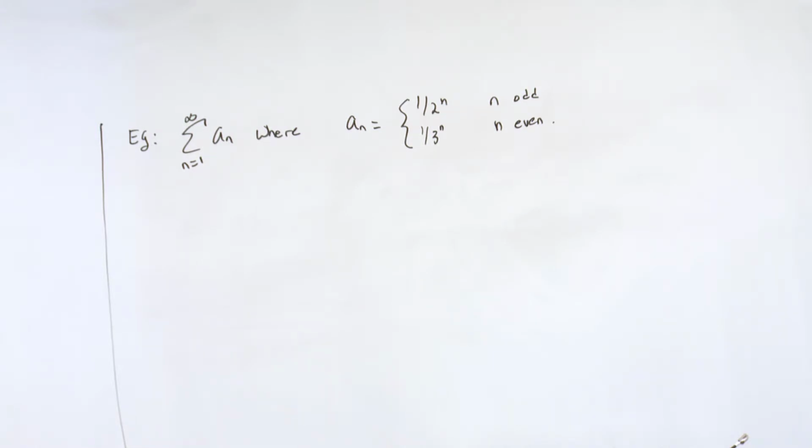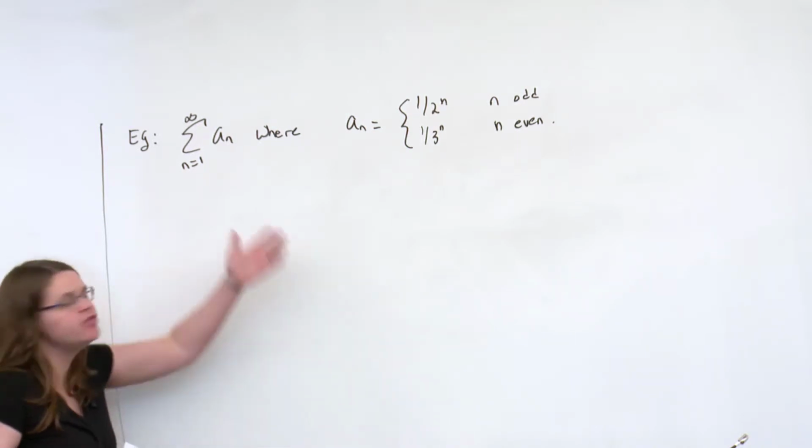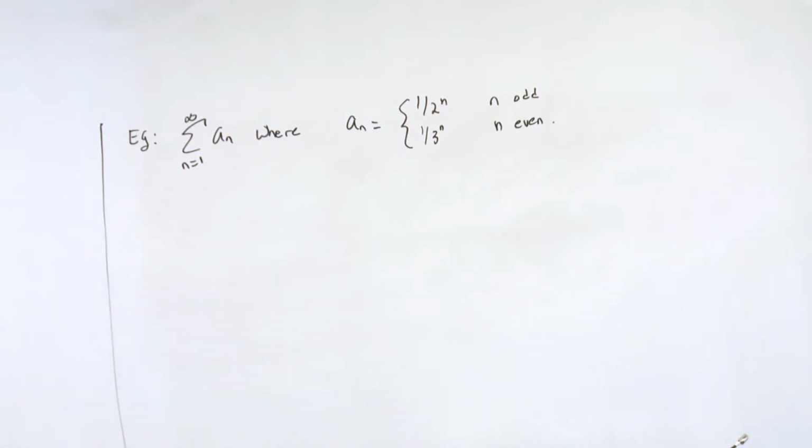Okay, so this is like 1/2 plus 1/3 squared plus 1/2 cubed plus 1/3 to the 4th, and so on. Okay, if we want to try our ratio test, now these terms are all positive, so that's fine. We need to look at a_(n+1) over a_n, but there's two different things that could happen depending on whether n is even or odd.